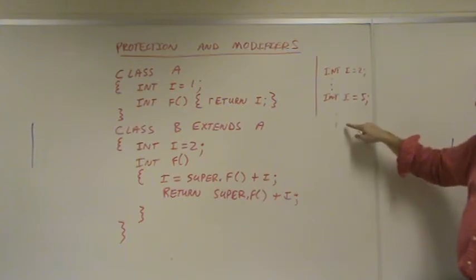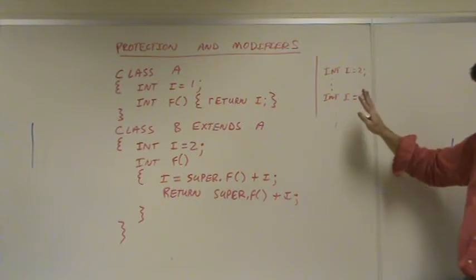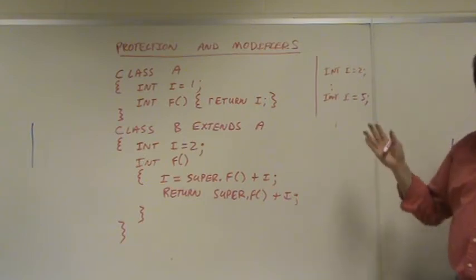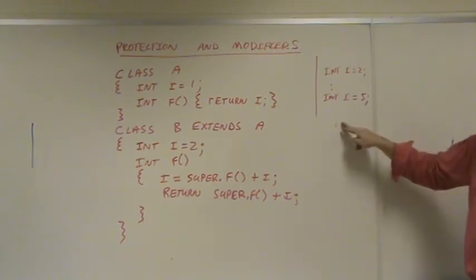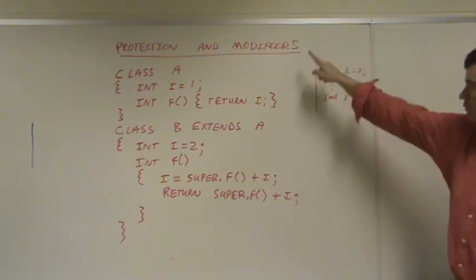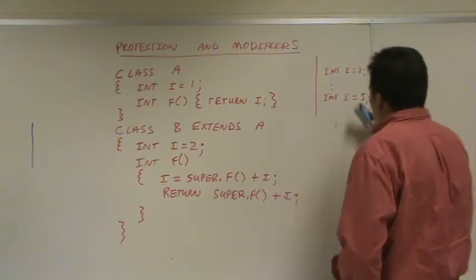The problem that you'd run into is any references up here, you're using this I, and any references down here, you're using a different I. But you could just say, I'll let the most recent one go through. It turns out the compiler won't allow it. But then if it started going into a loop, you wouldn't be able to keep track of which one was alive at the moment. So they decided not to let that go through.